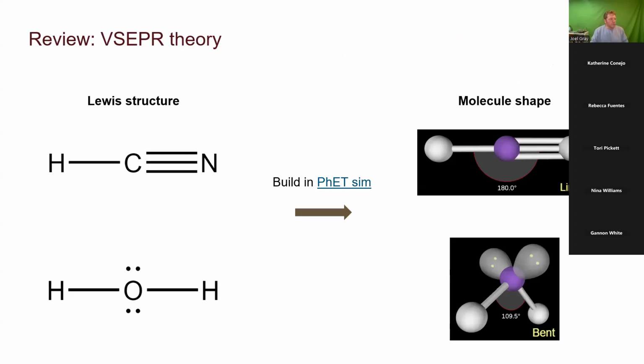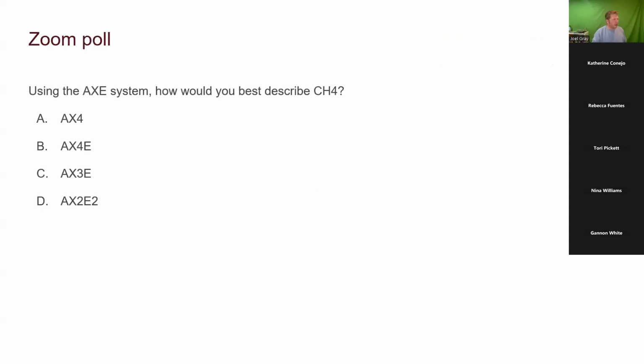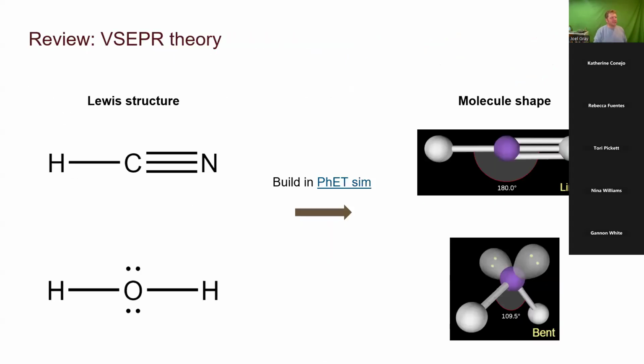Now, when you look at compounds like this, you want to classify, is this a polar molecule or a nonpolar molecule? Sorry, just a second. We're asking the question, are electrons gravitating in this direction or in this direction?